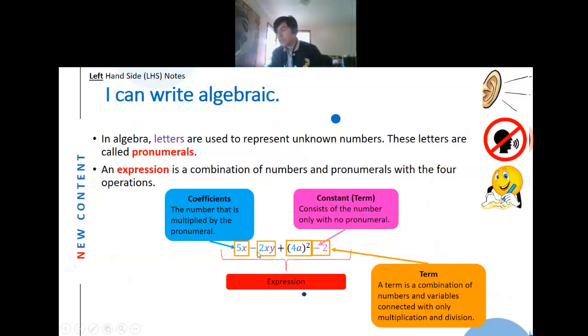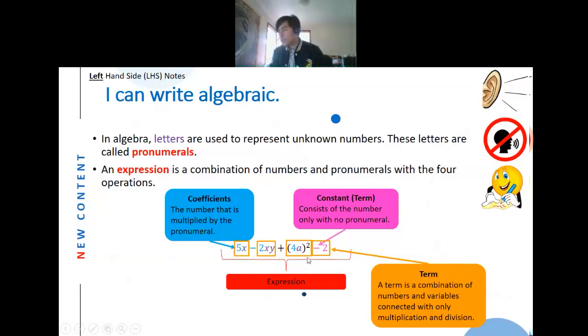So you can see there it is a combination of numbers and also pronumerals or letters, and we can use all of the four operations, so minus, plus, and also remember that between the numbers and the letters there's actually a hidden multiplication, right? And also here we've got the square as well.